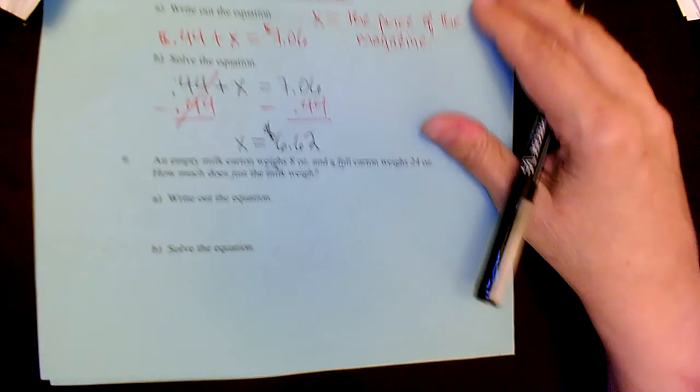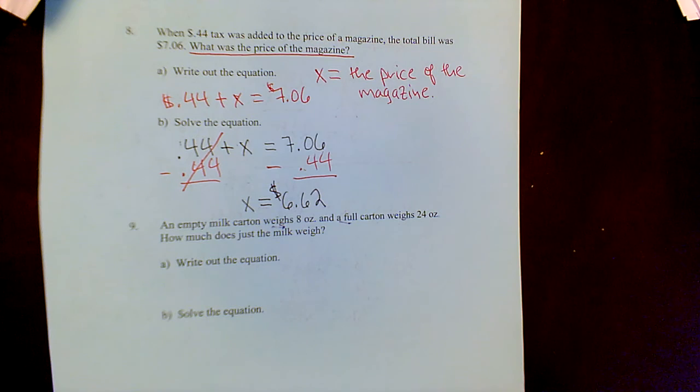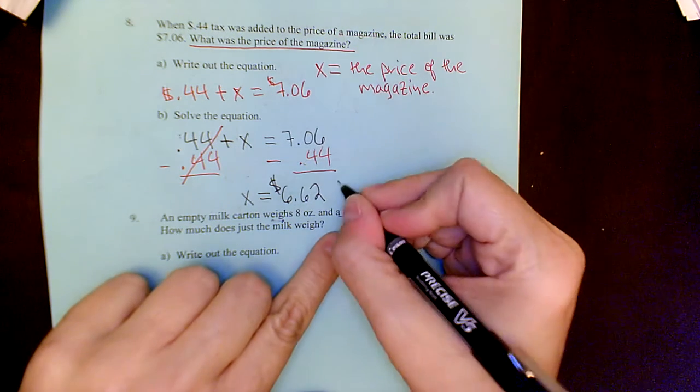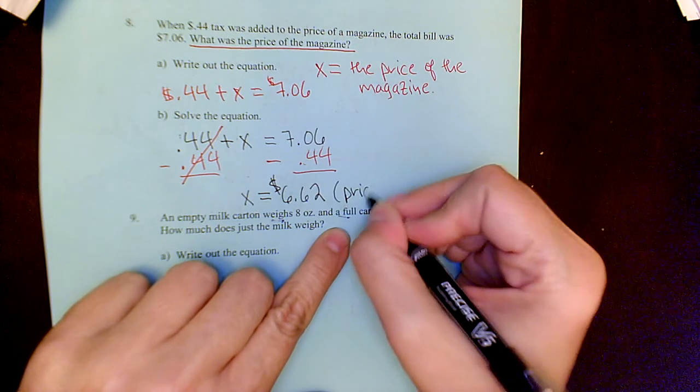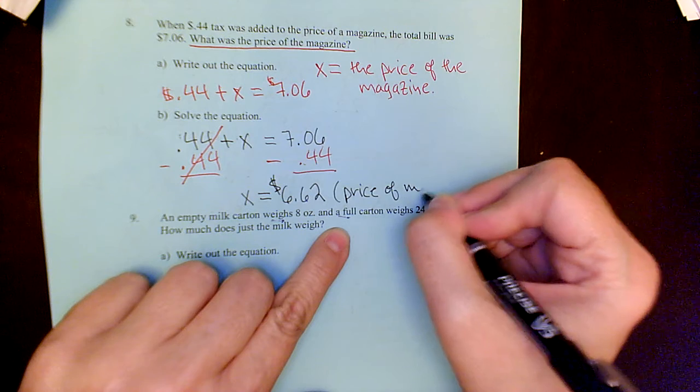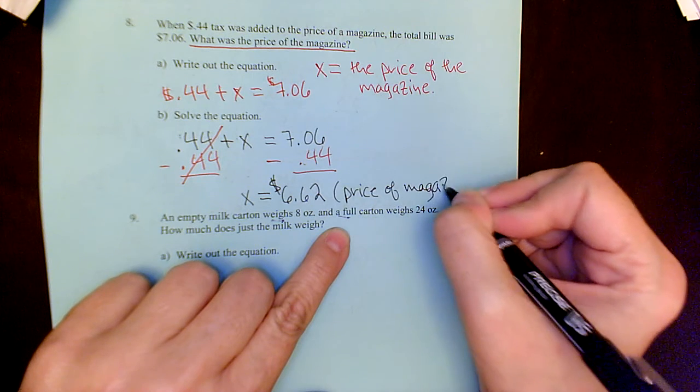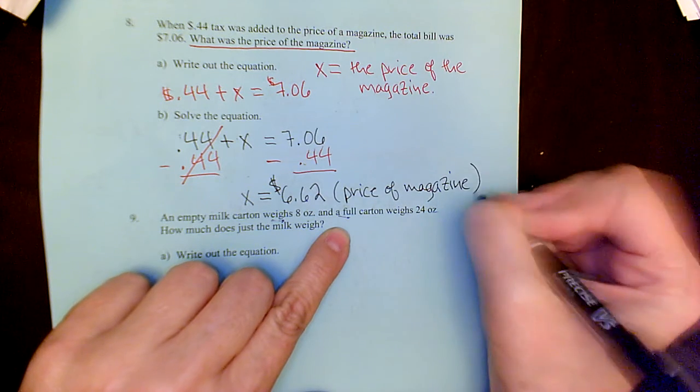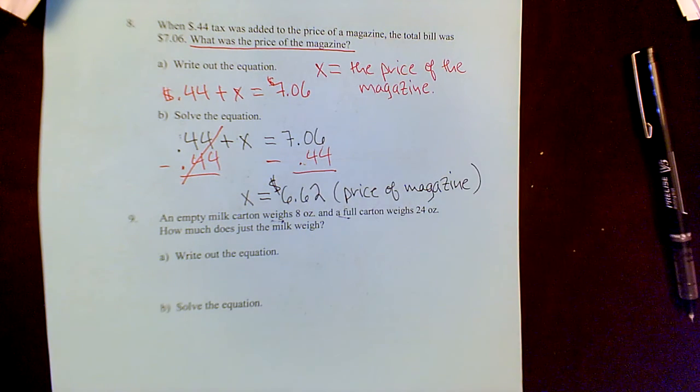So what does that $6.62 mean? What is that? Well, that's the price of the magazine. So the magazine is $6.62. If I would add 44 cents to that, I would get $7.06 and it would check.